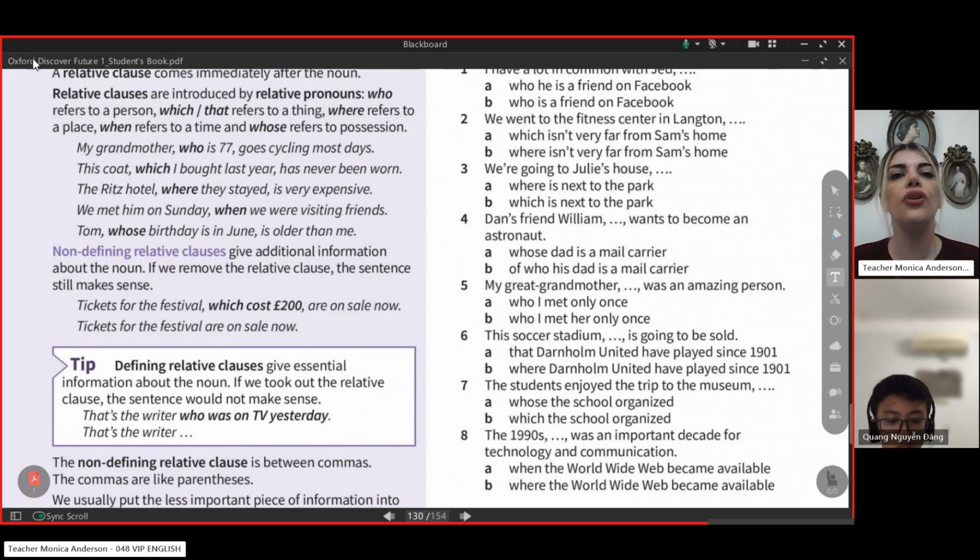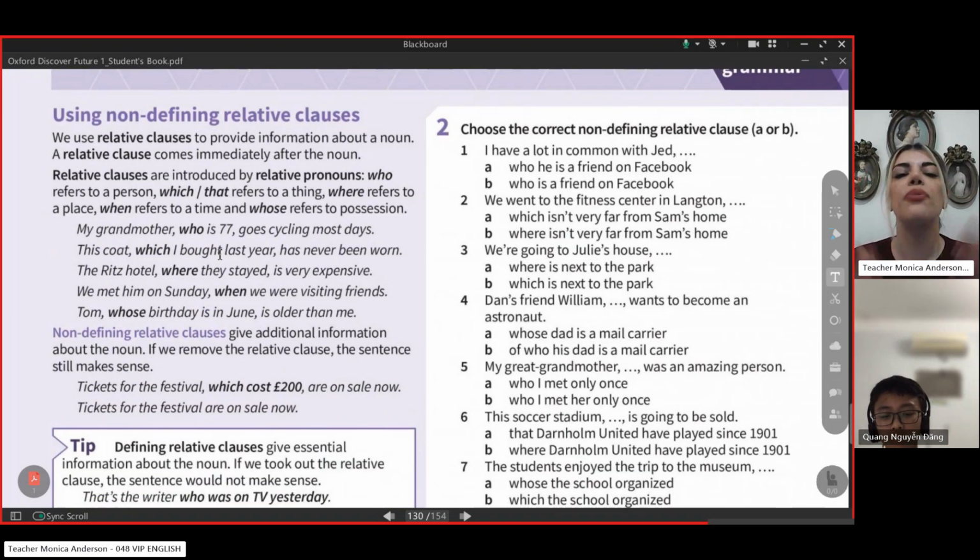And of course, you know that we have relative pronouns who, which, where, whose, that, used in different situations and for different subjects: who for people, that for animals, things, and people, and which and that are the same for animals and things, where for place, when for time, and whose for position. Get it?